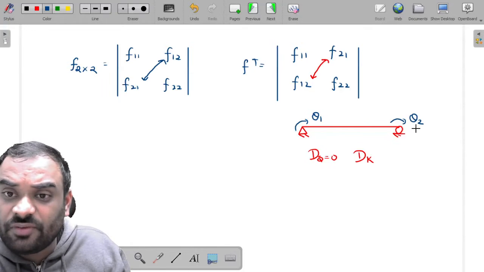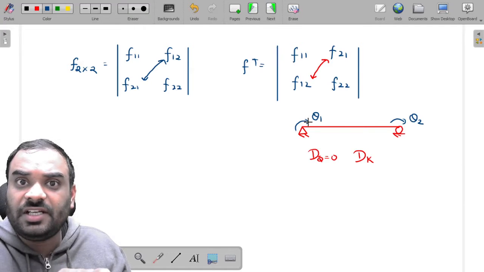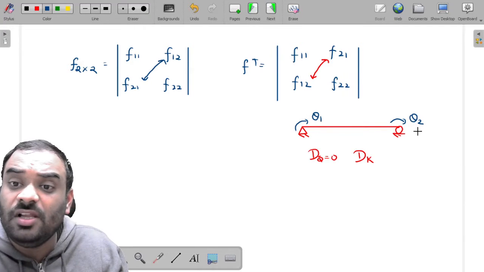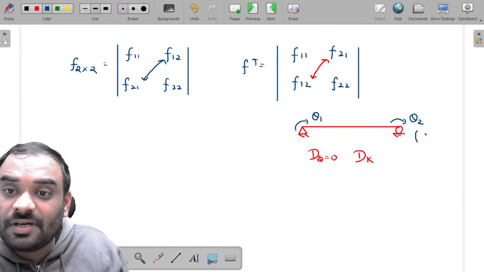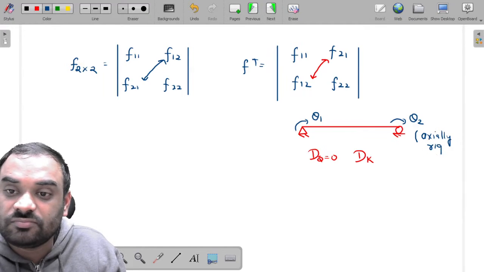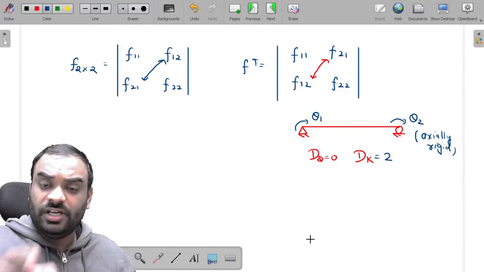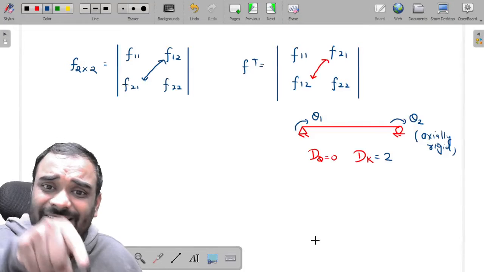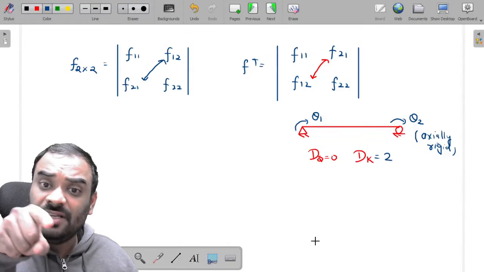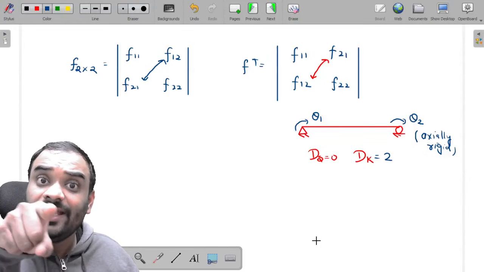So my dear friends, in this particular case, theta 1 and theta 2 are variables when we are considering the member as axially rigid. Now tell me guys, what is the value of dk over here? It is 2. So can I say that it is statically indeterminate or determinate? Determinate, and kinematically indeterminate.